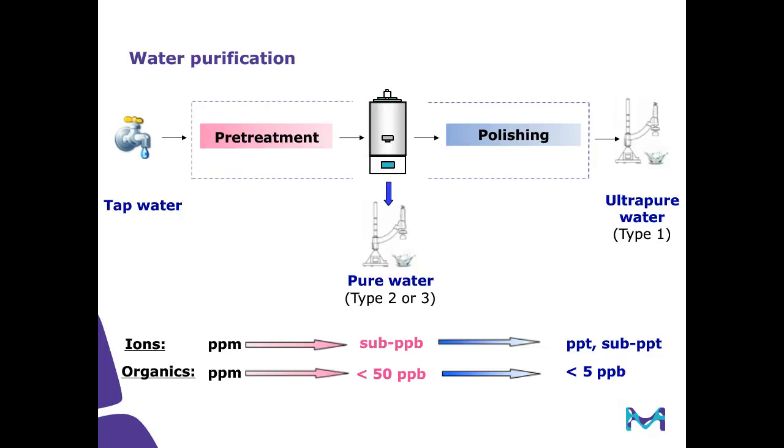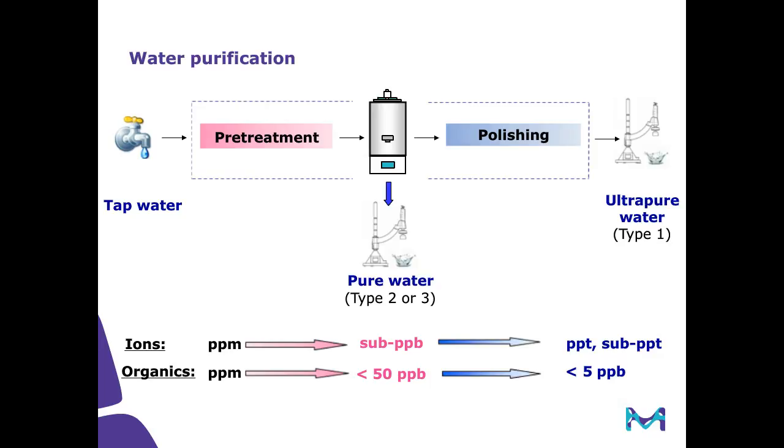And then if you look at ultra-pure water, extremely pure water, you're down to parts per trillion or below of ions, and usually below 5 parts per billion, or micrograms per liter, of organics. So depending on what you need to do in the lab, you can pick different types of water.